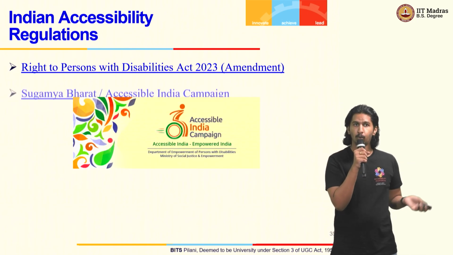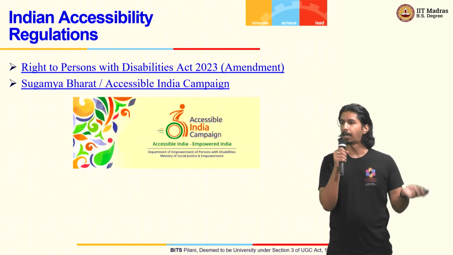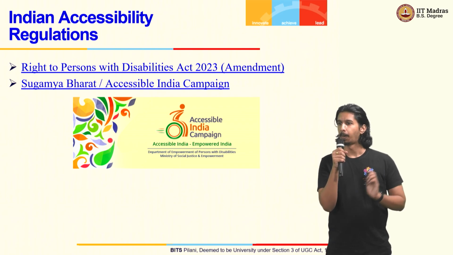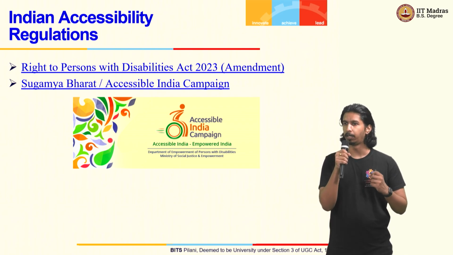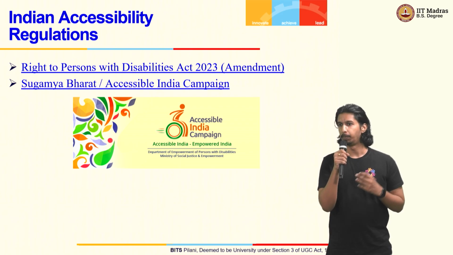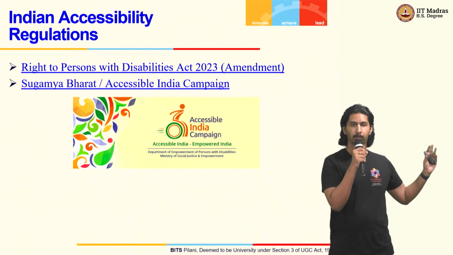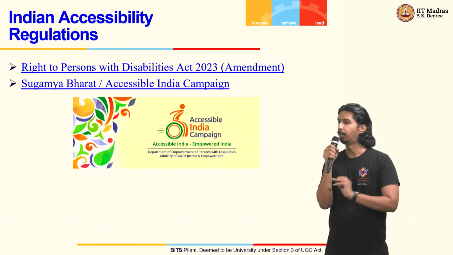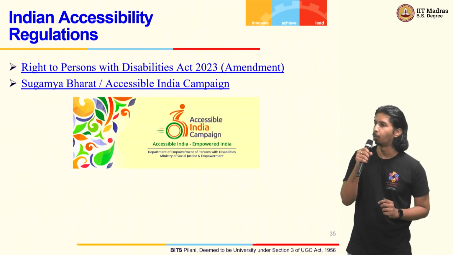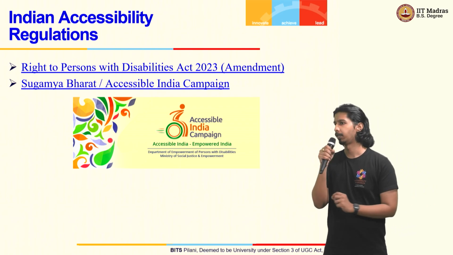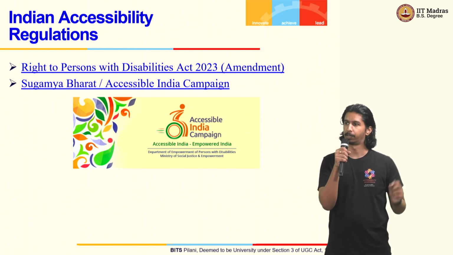And Sugamya Bharat campaign. So this was a campaign that started in 2015. And this whole campaign is about, across the country, trying to educate people about accessibility, both physical accessibility and digital accessibility. And one of the major projects that was undertaken was to make all public places of India, like railway stations, accessible.